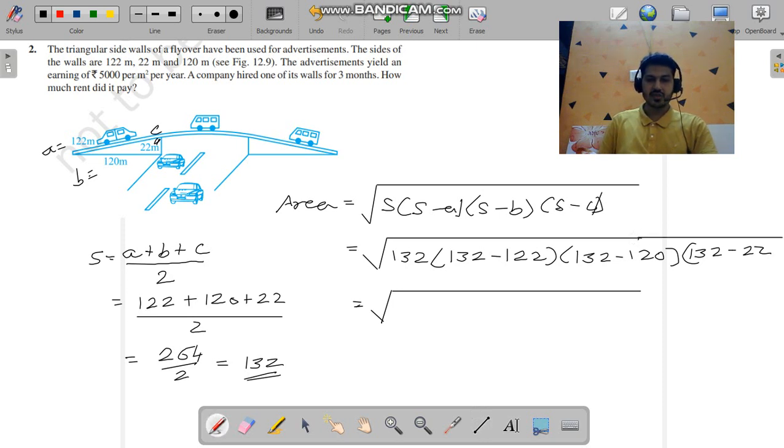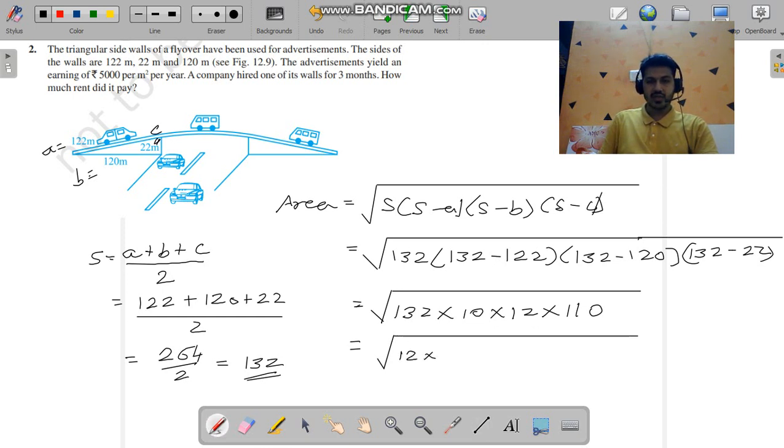Now after subtraction the answer will be 132 multiply 10 multiply 12 multiply 110. Now split this 132 and 110 into parts. So it will be 12 multiply 11 multiply 10 multiply 12 and multiply 110. Sorry, split this 110 also.